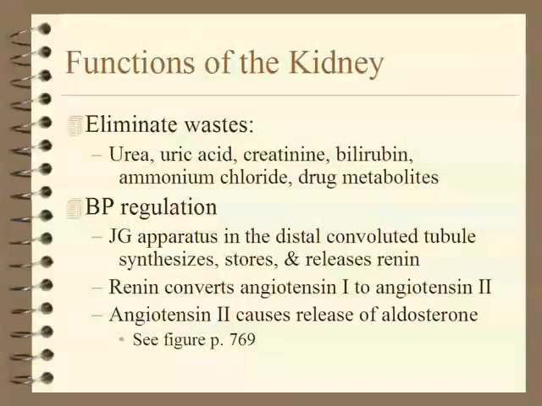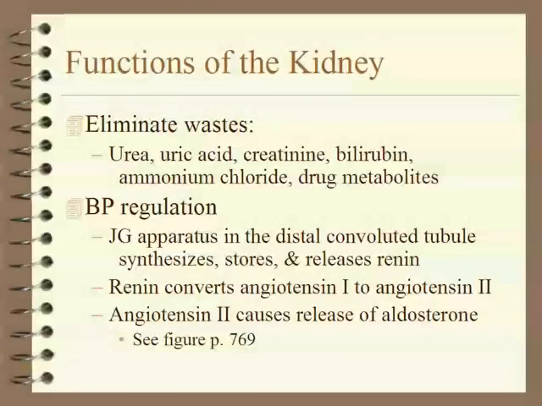The kidneys also function to maintain your blood pressure regulation. You have your juxtaglomerular apparatus, or JG apparatus, and the distal convoluted tubules that synthesize, store, and release renin. Renin release occurs due to a decrease in blood volume, blood pressure, or the amount of sodium.